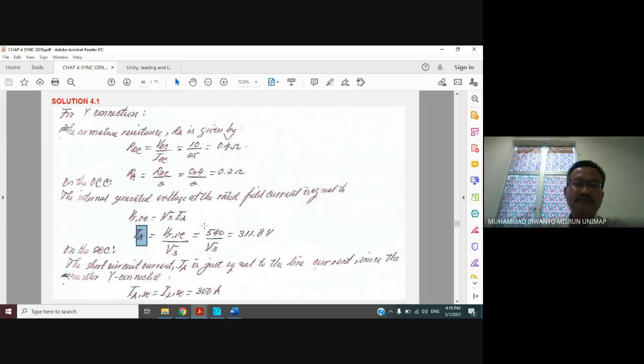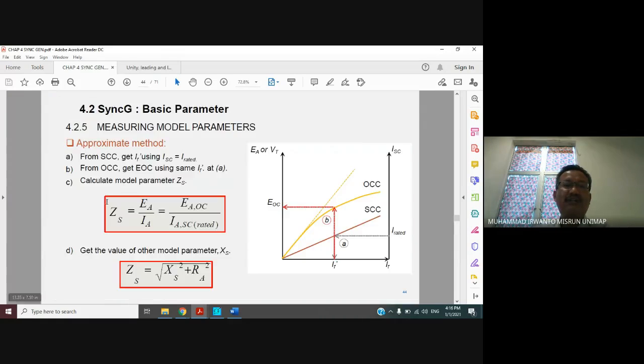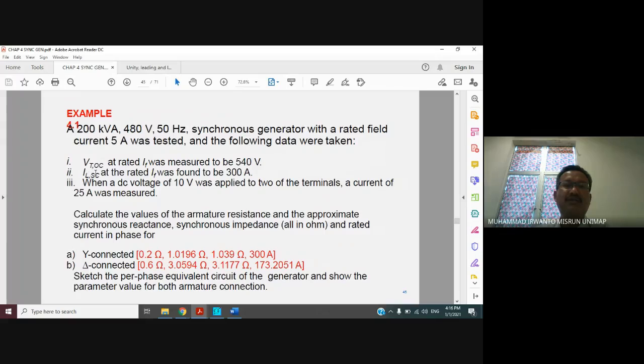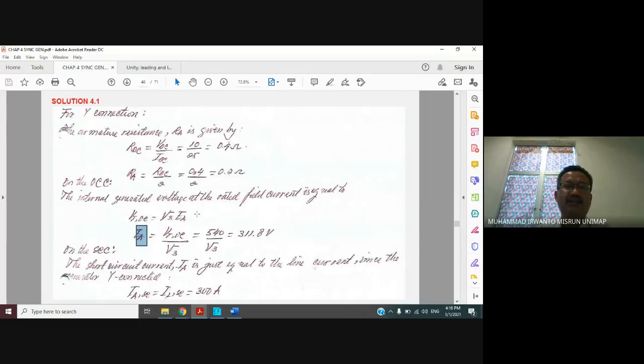We use it directly. And then in the short circuit condition, the value of the line current is 300. Remember the line current: in the Y connection, line current is equal to phase current.